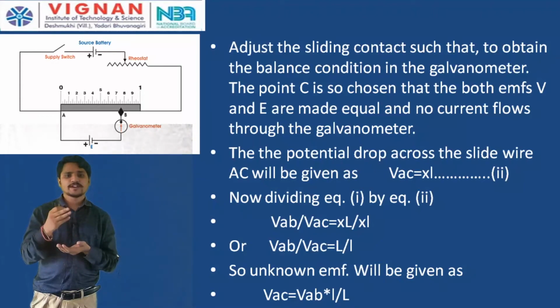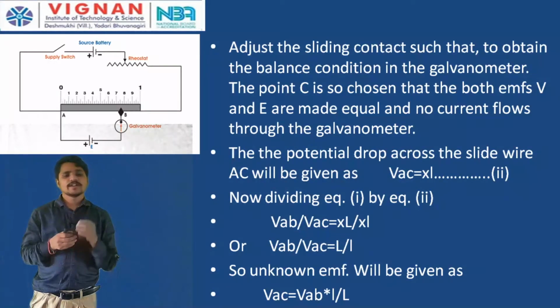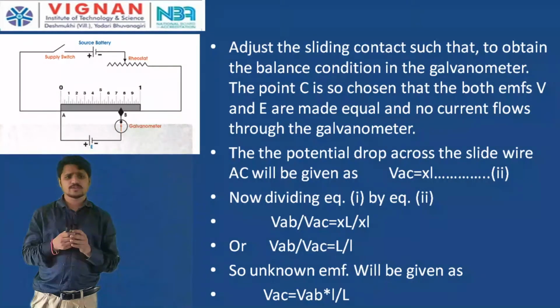Therefore, if you take the division of equation 1 and equation 2, VAB by VAC equal to x into capital L by x into small l. Since x is the voltage drop per unit length and constant, x by x is cancelled. So VAB by VAC is equal to capital L by small l. Now we want to measure the unknown cell voltage.